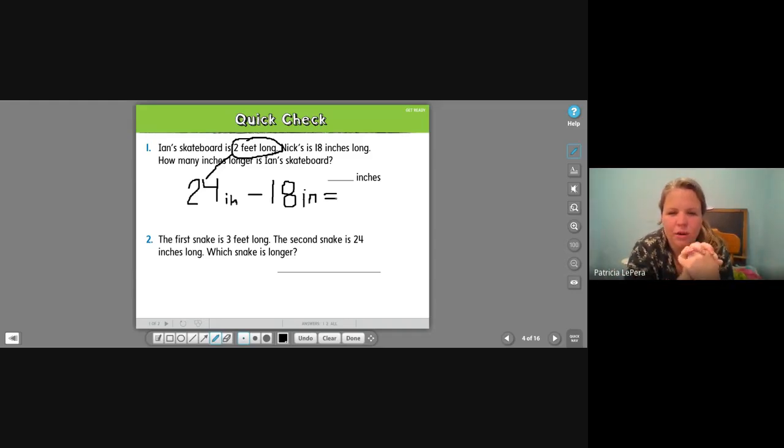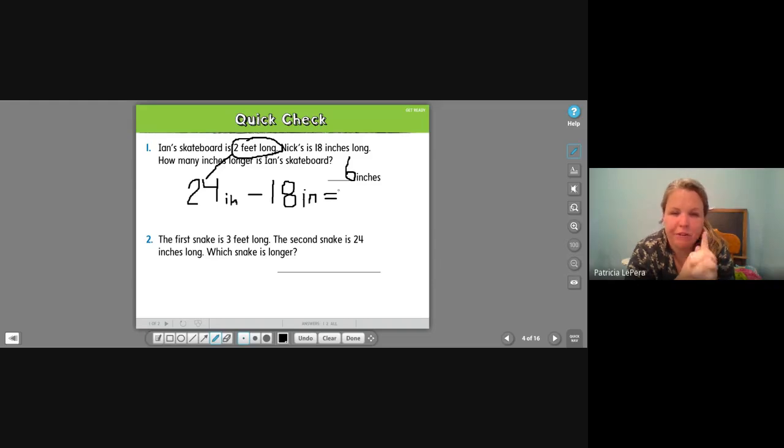So 24 minus 18, I can count back to subtract. So 24, 23, 22, 21, 20, 19, 18. So Ian's skateboard is 6 inches longer than Nick's.